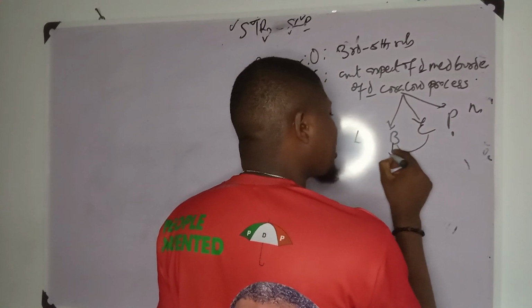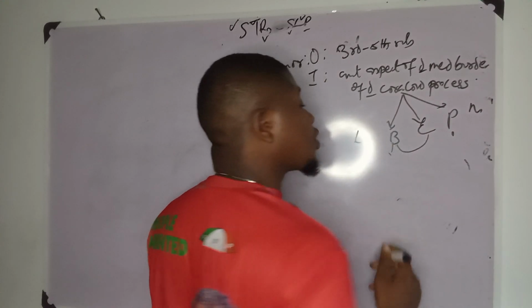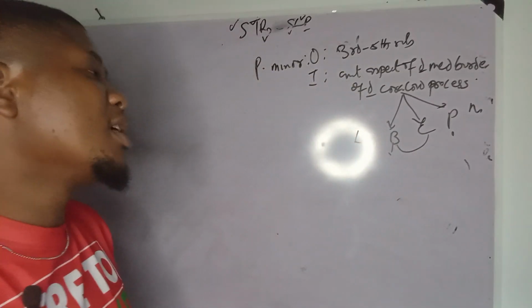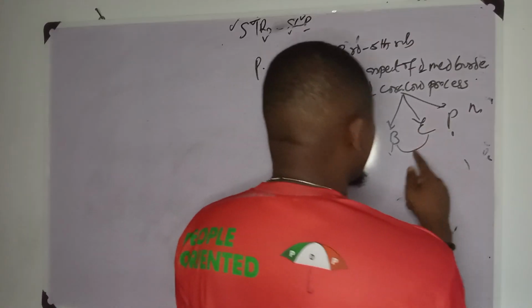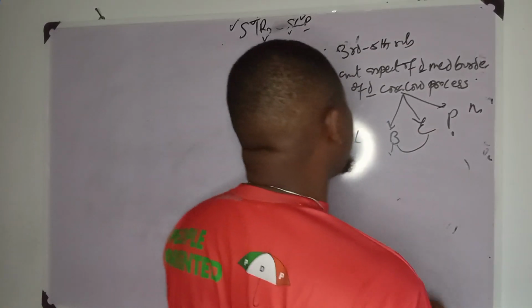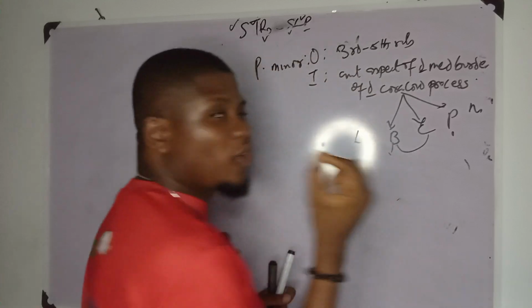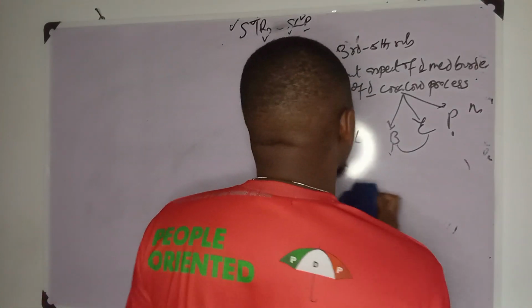B is the short head of biceps, C is coracobrachialis, then P is pectoralis minor, which is most medial and is inserting. The short head of biceps and coracobrachialis originate from the tip of the coracoid process.